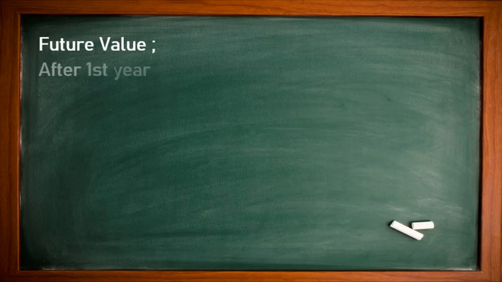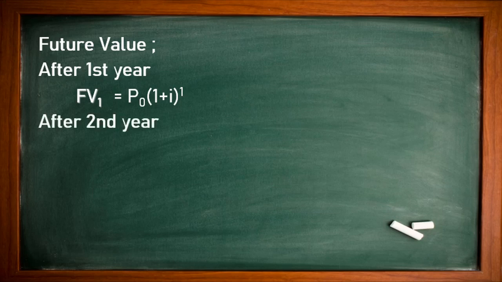We can derive the future value formula in this way. For the first year, future value 1 is equal to P0 (1 + I) power 1. For the second year, future value for 2 years is equal to the present value times (1 + I) power 2.